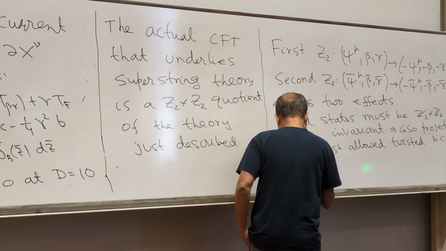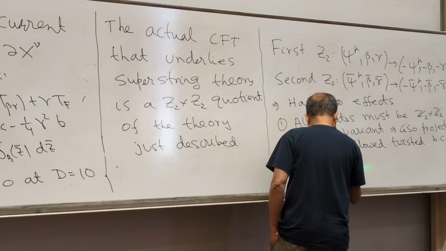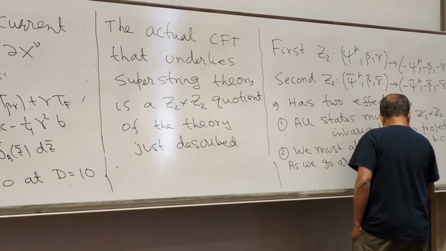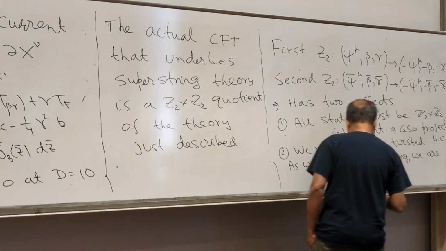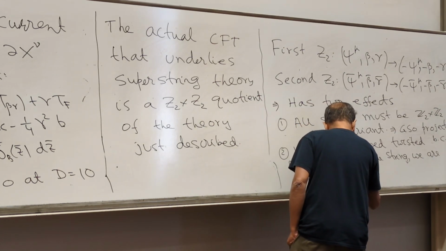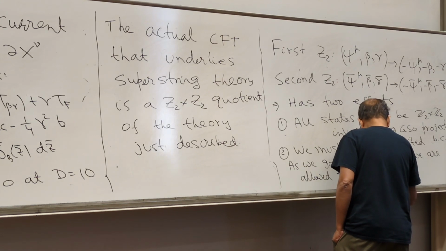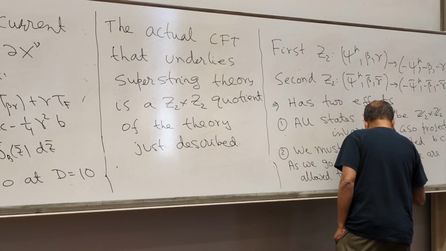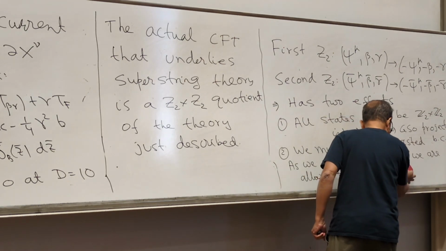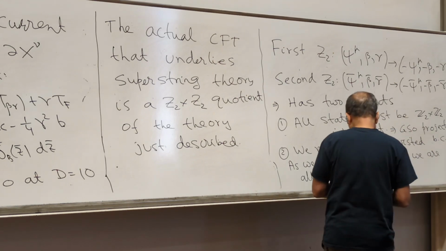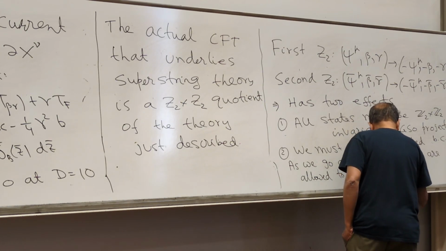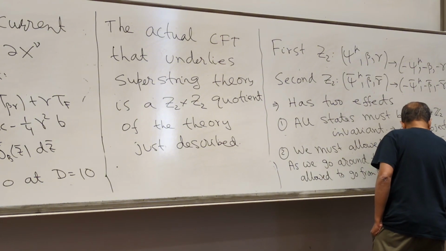That means that as we go around the string, we are allowed to go from psi mu, beta, gamma to minus psi mu, minus beta, minus gamma.